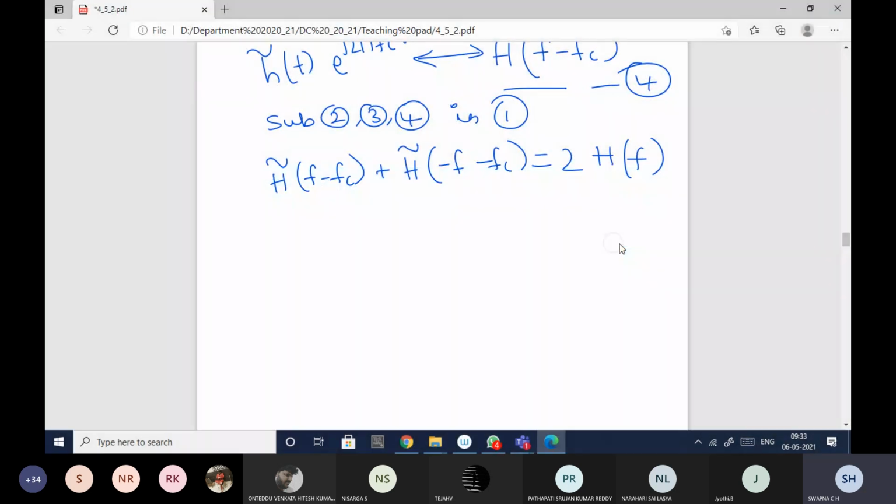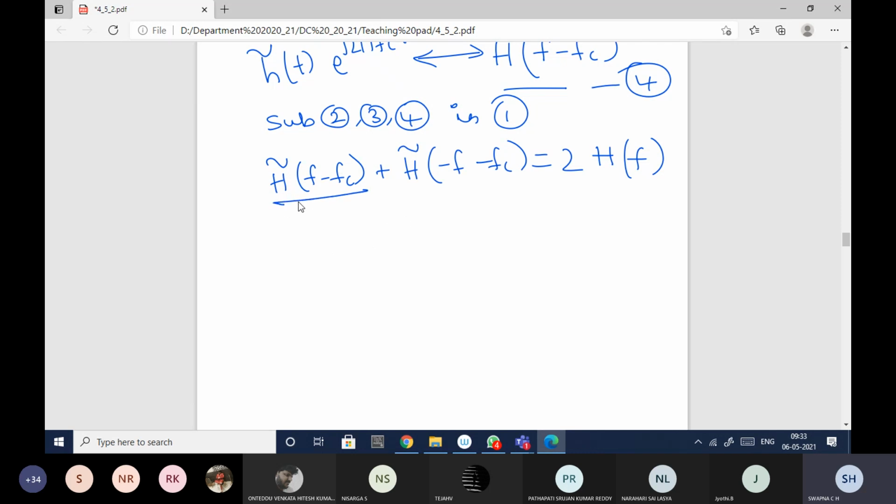For the complex envelope, again we need to have only the positive frequencies.